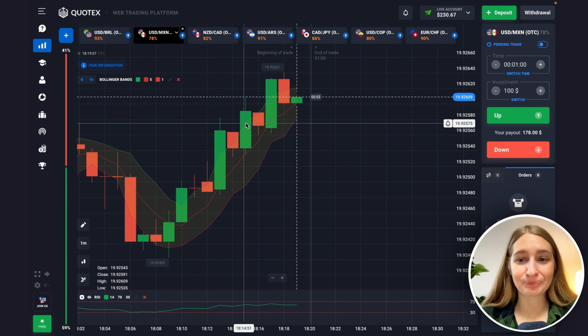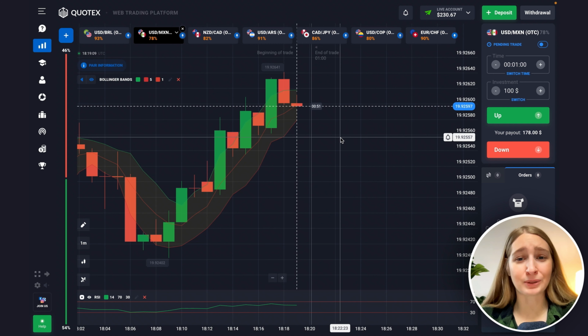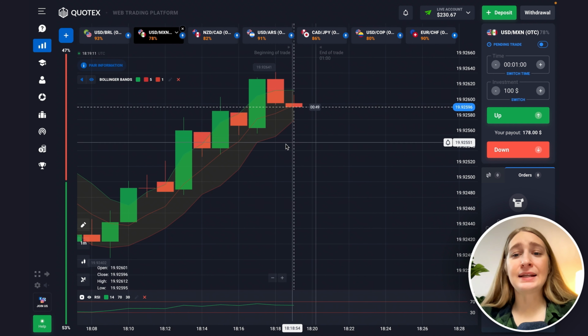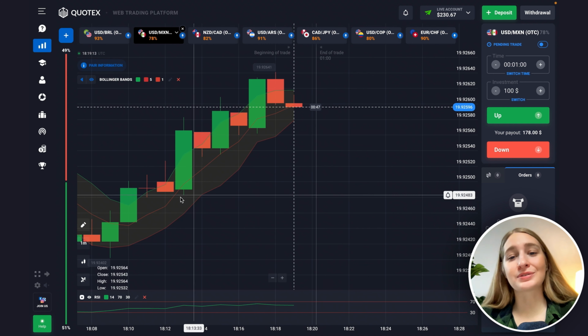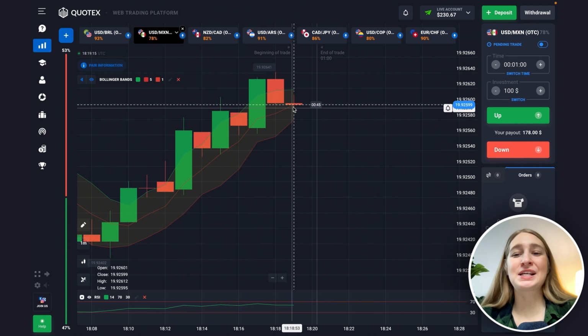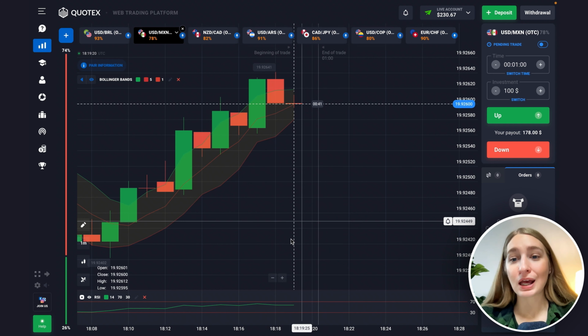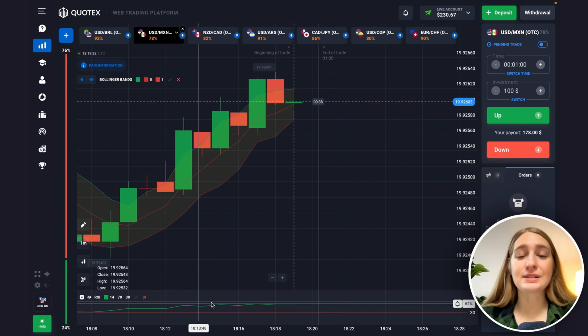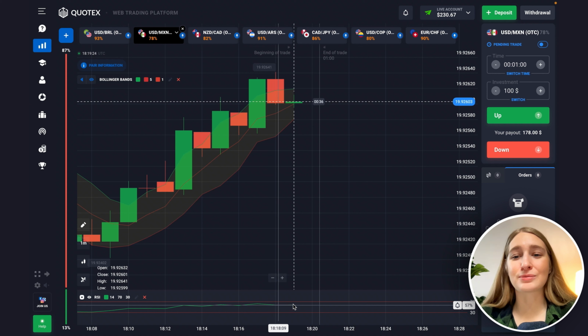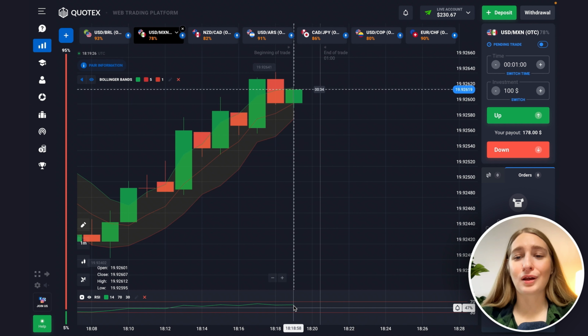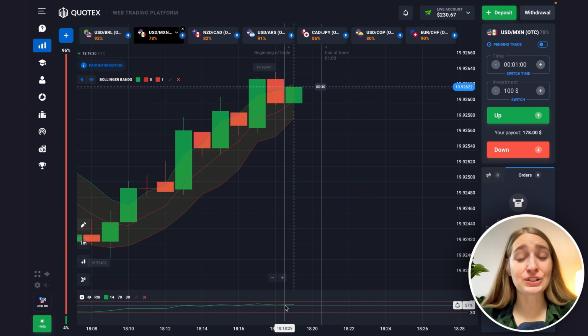While you see red one, green one, red one, green one, red one. And here we are with this kind of interesting row. That's because we are seeing pretty wavy lines of Bollinger Bands. And yes, you see these little waves in the RSI indicator also, but I'm not really sure. Okay. The situation changed.